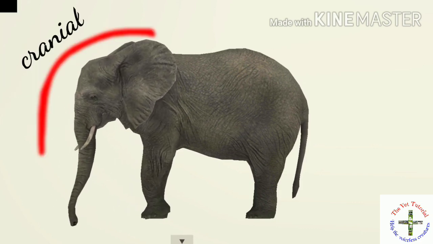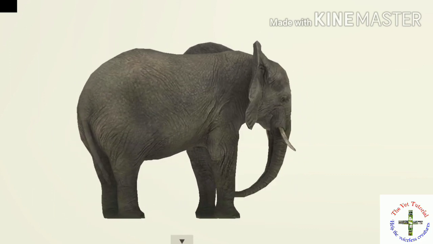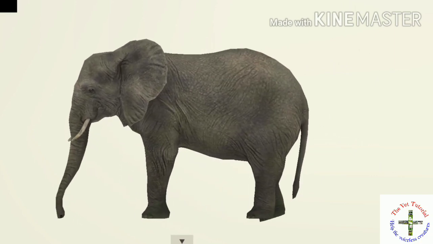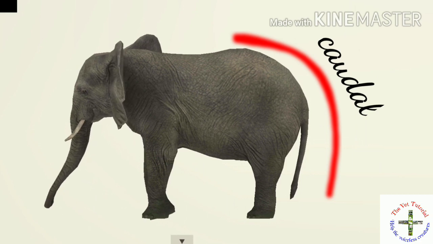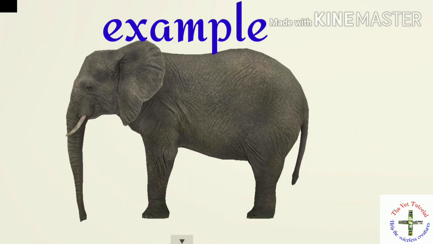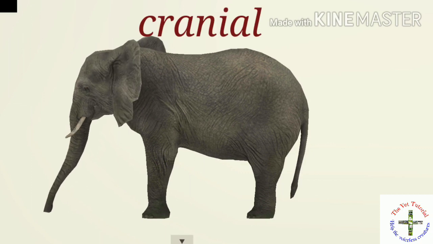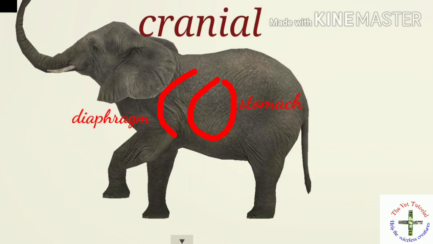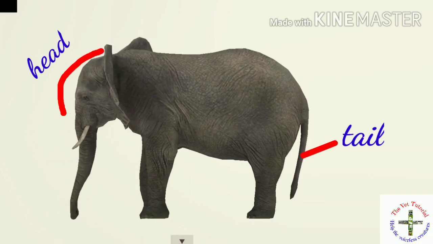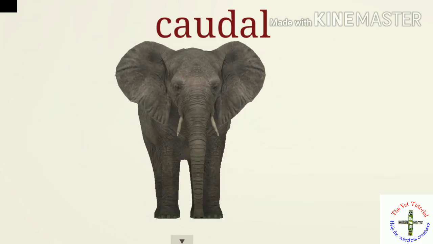The part which is nearer to the skull, or towards the head region, is known as cranial, and the part which is more towards the tail end is known as caudal. Let's understand with an example. An example of cranial: the diaphragm is cranial to the stomach, or the head is cranial to the tail. An example of caudal: the ribs are caudal to the neck, or the tail is caudal to the head.